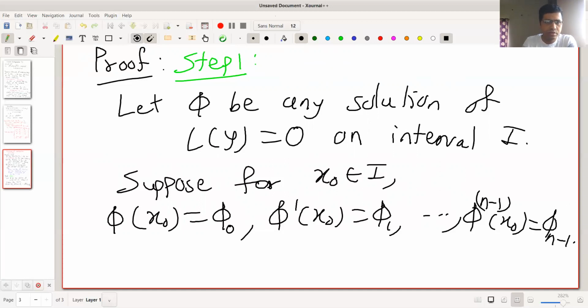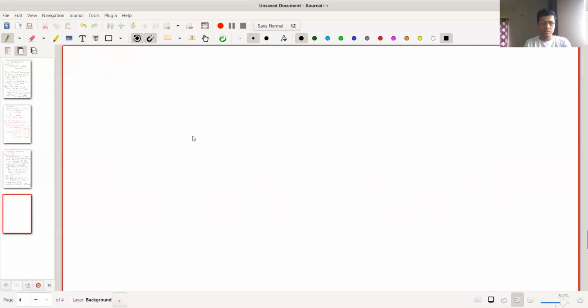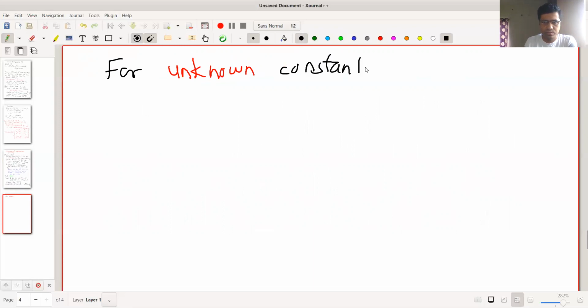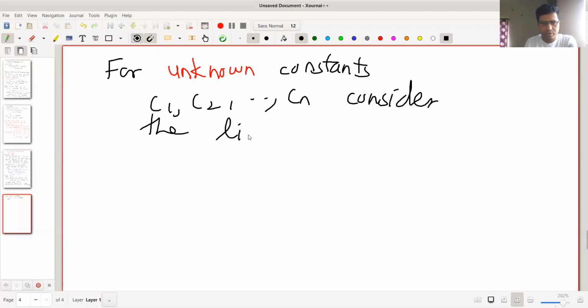Now we take unknown constants C1, C2, and so on Cn, and consider the linear system. So this is an important system.